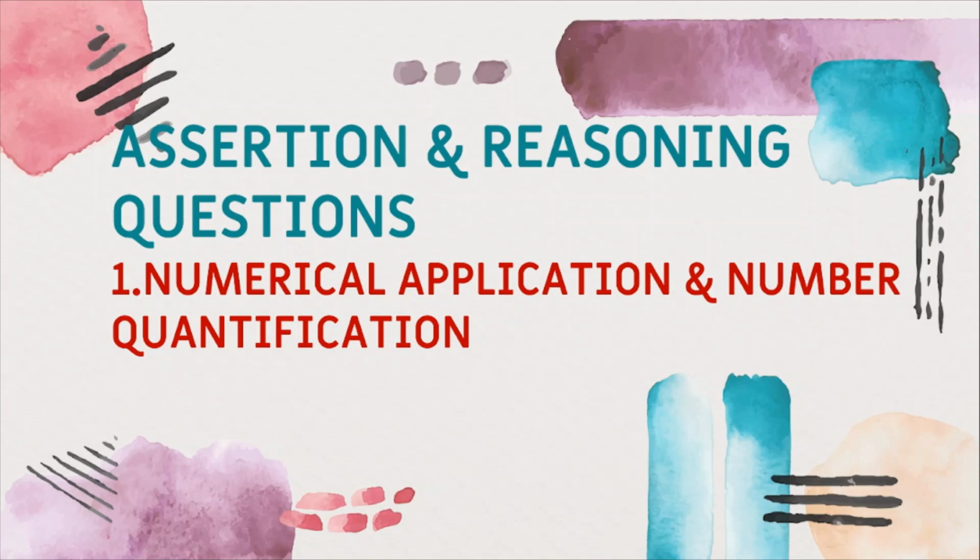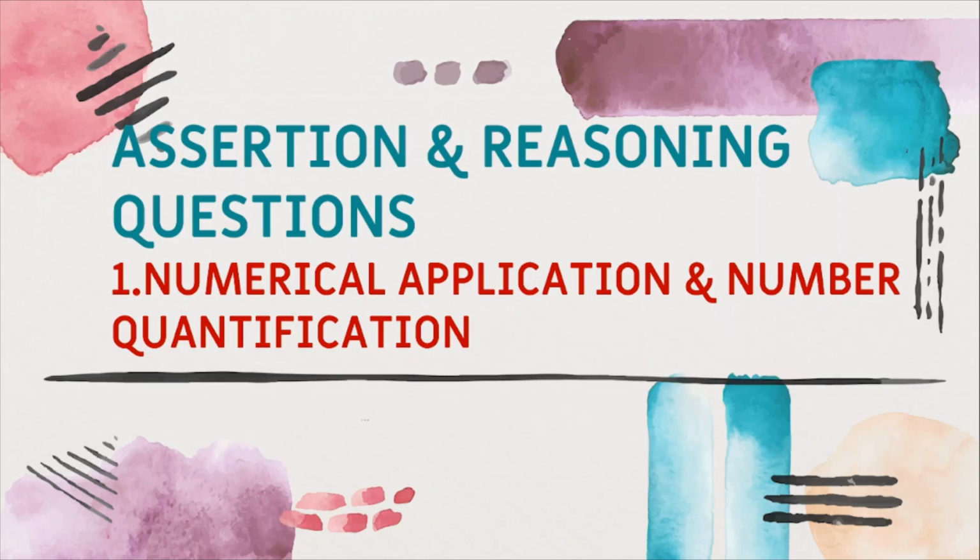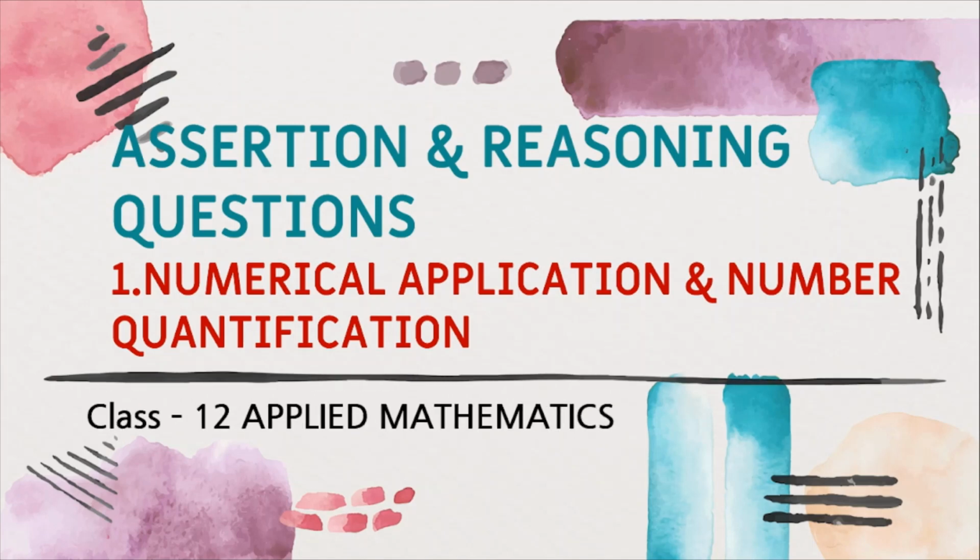Assertion and Reasoning Questions. This is Class 12 Applied Mathematics Assertion and Reasoning Questions, Chapter 1 Numerical Application and Number Quantification. First, what is assertion and reasoning? You will be given an example or real life happening under the subheading assertion.